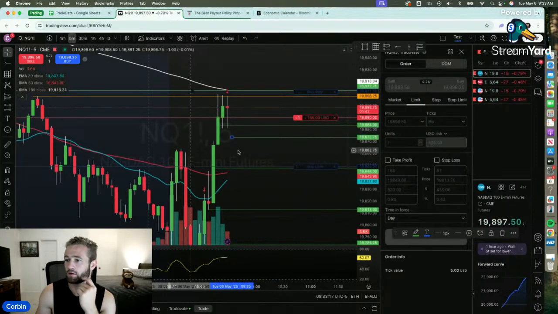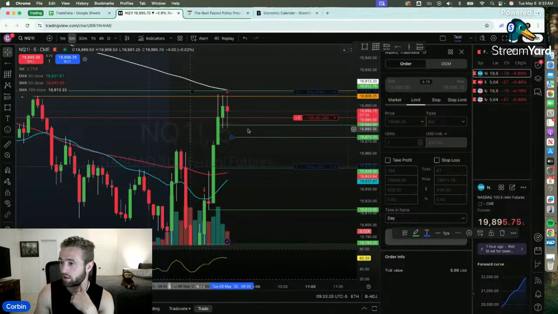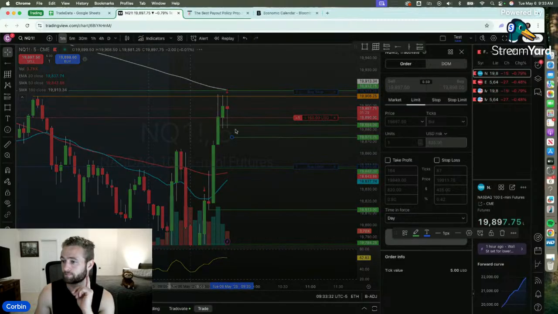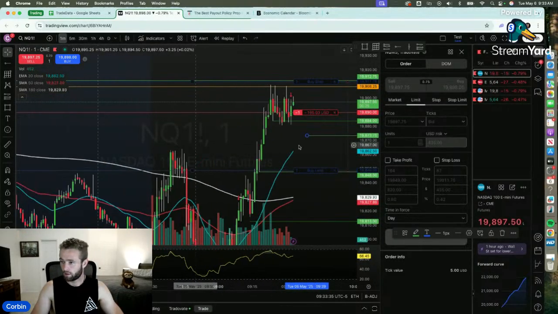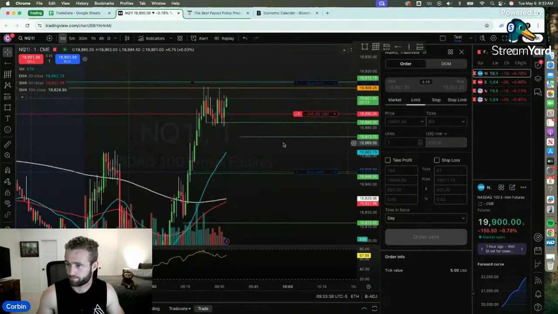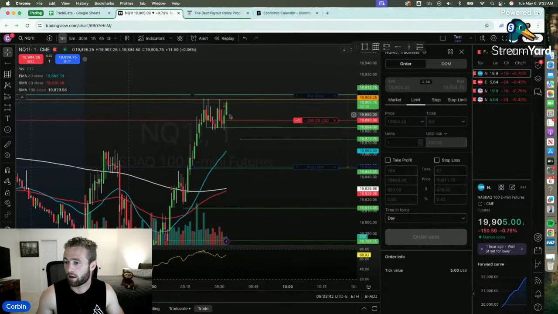5 day, 5 minute chart. Formed an inverse fair value gap right there. I mean, nothing crazy, really. Price is consolidating here. I don't like that price action.